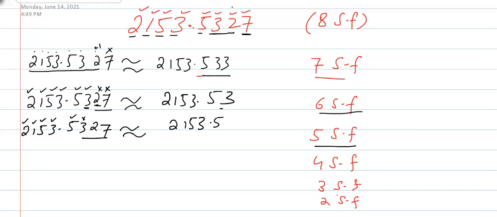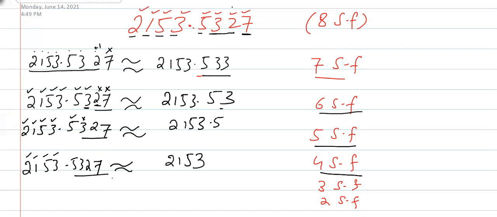Okay. Now, I have to round to 4 significant figures. 2153.5327. I want to round it to 4 significant figures. First significant, second significant, third significant, fourth significant. I don't need this, so just remove them and write 2153. 4 significant figures. Okay, removing the decimal part is really easy.